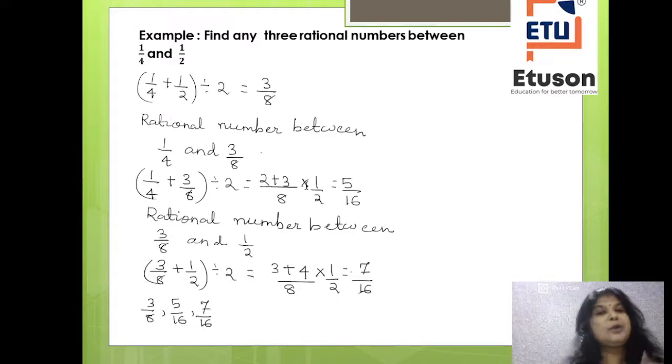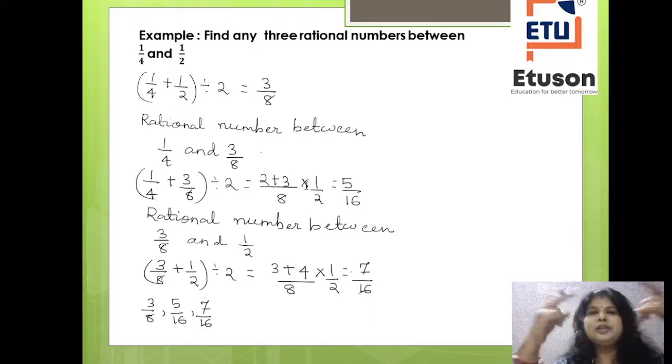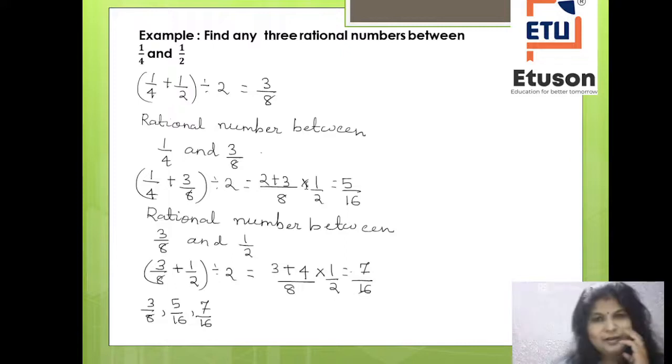So here you are finding the average, there you are finding like fractions, and the like fraction denominator will be the same, and in the numerator, whatever the difference between the two numbers, you are taking the corresponding numbers sequentially, and that becomes your rational number in between the considered rational numbers.